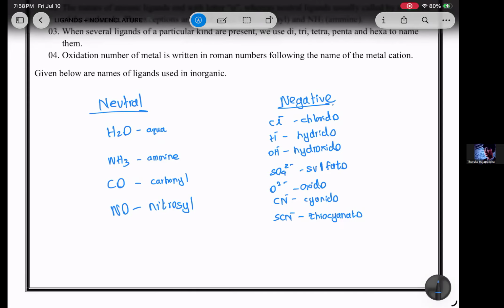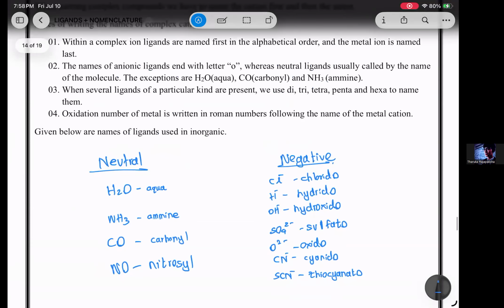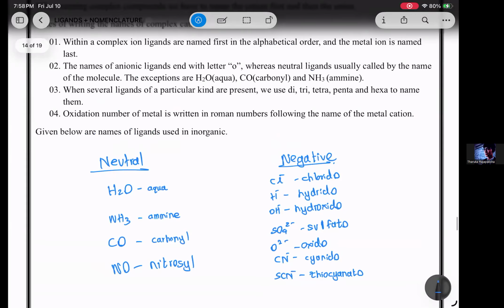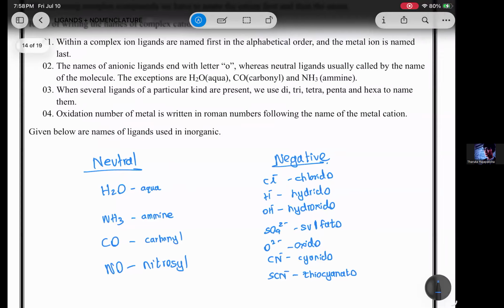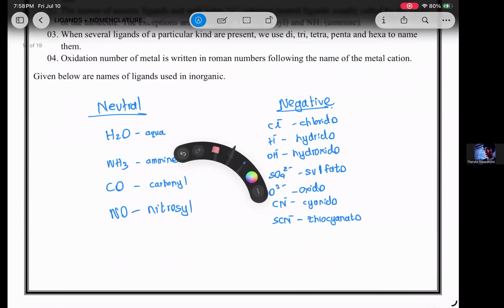Okay, then next one. We have to complete this note by ourselves. When there are two or more ligands coordinated, we use the plural form. Now I will condense this a little bit to the side and write that table on the right hand side.